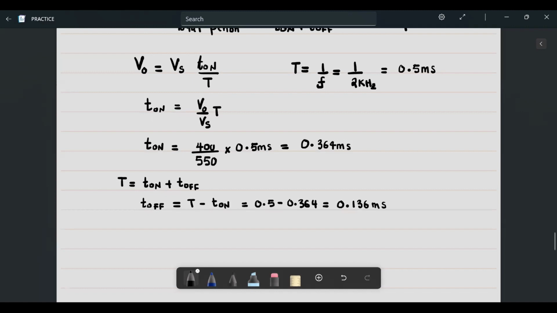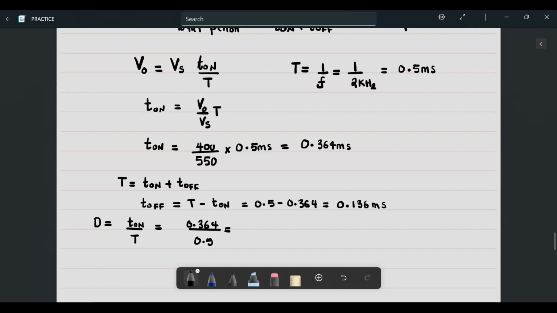Milliseconds. So if you want, now you can even find the duty cycle, right? Which is T on over T. So in case the question asks you to find the duty cycle, you take T on over the time period. T on is 0.364 and the total time period is 0.5.